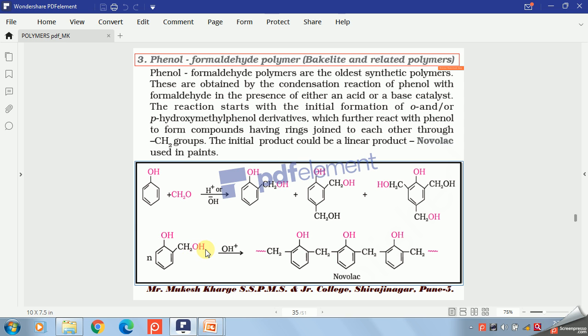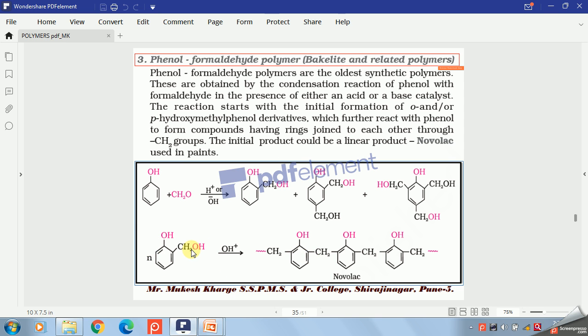So OH group of one molecule and H from another molecule. Let us suppose this is one molecule, the OH from this molecule and the H from another molecule of the same type remove as water and there is a formation of linkage.